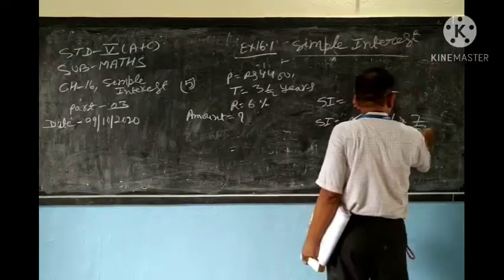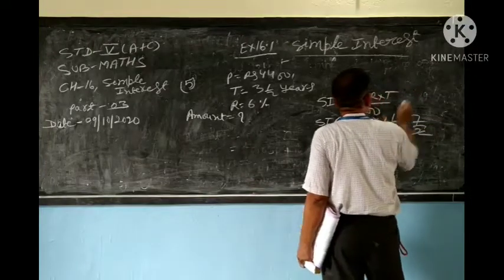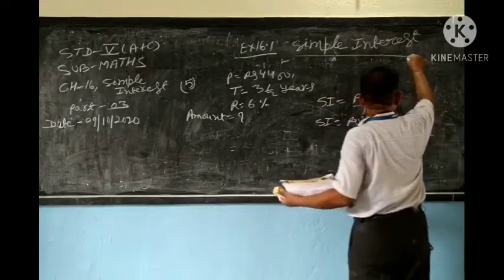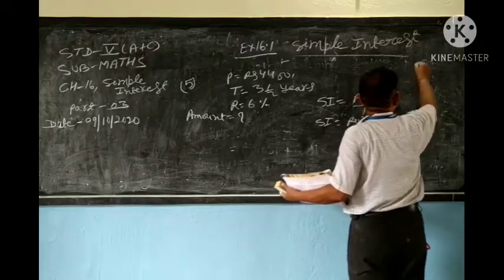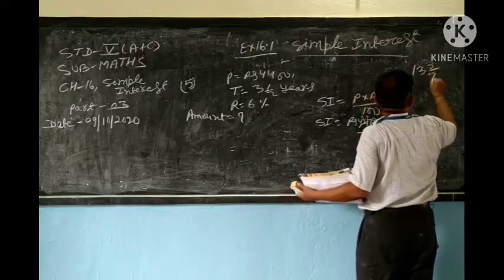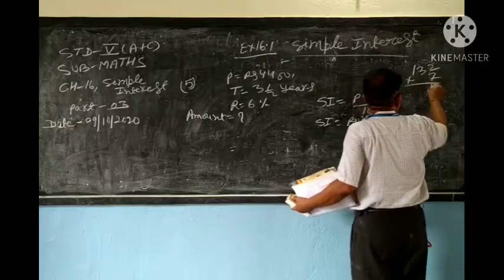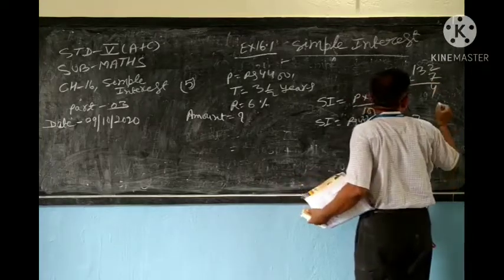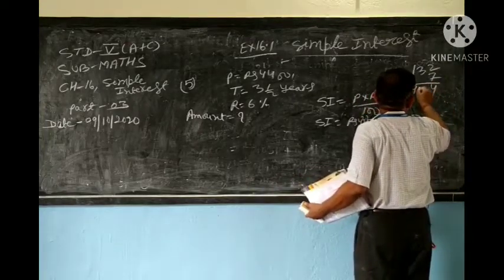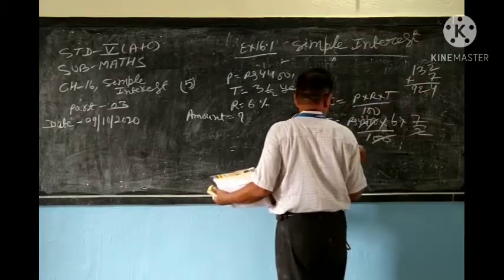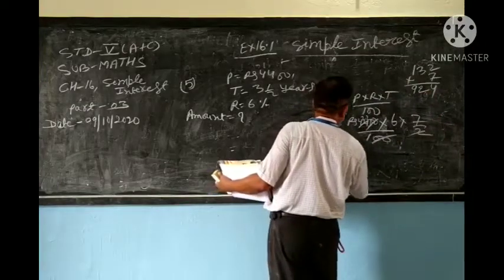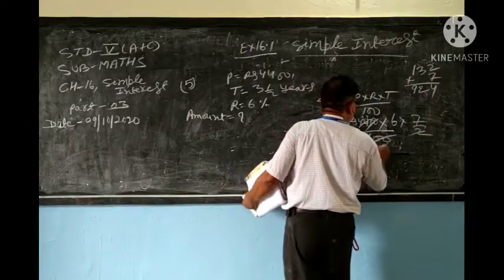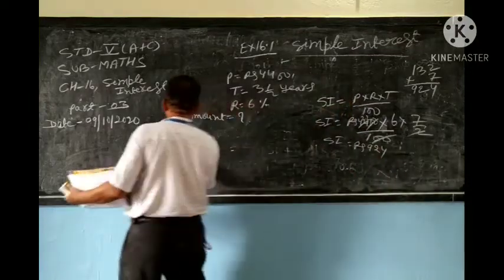What will come? 22 into 6 is 132, multiplied by 7. SI is equal to rupees 924.